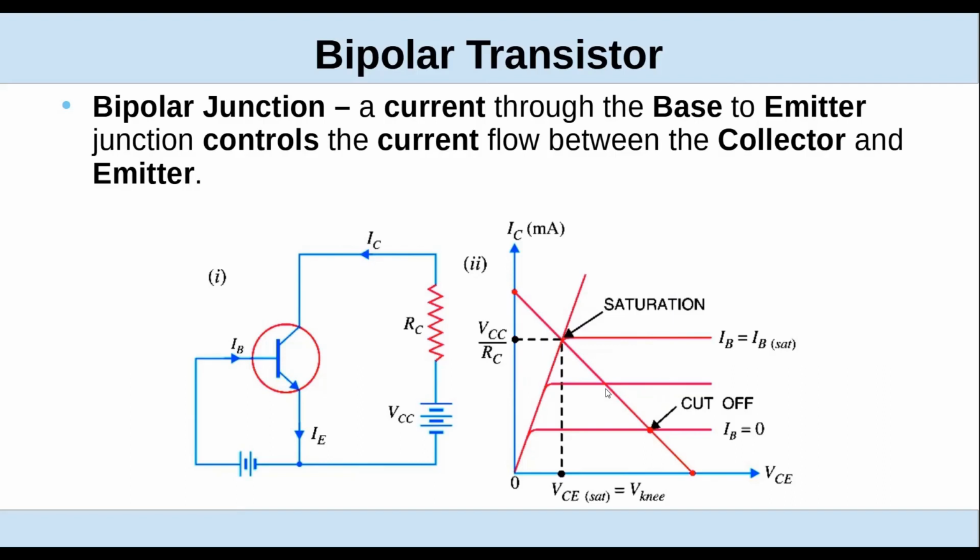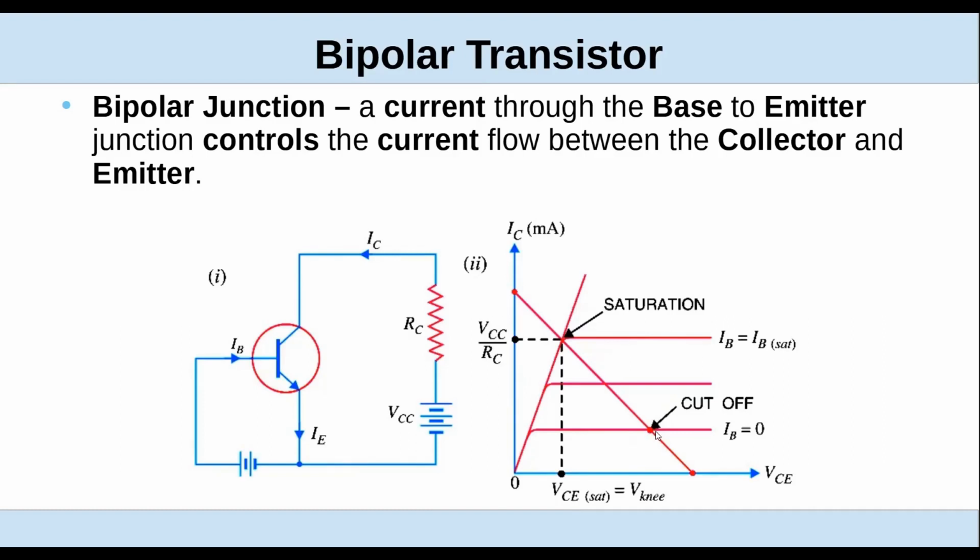So normally for a Class A amplifier, you would want to bias it so that it's normally operating with no signal right here in the middle, in between what we call the cutoff and the saturation.